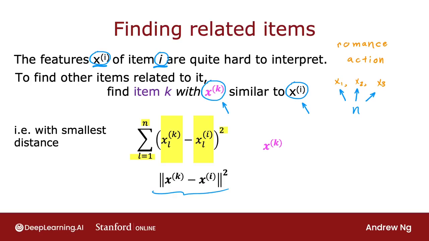Because the features xi give a sense of what item i is about, other items xk with similar features will turn out to be similar to item i. It turns out later this week, this idea of finding related items will be a small building block that we'll use to get to an even more powerful recommender system as well.